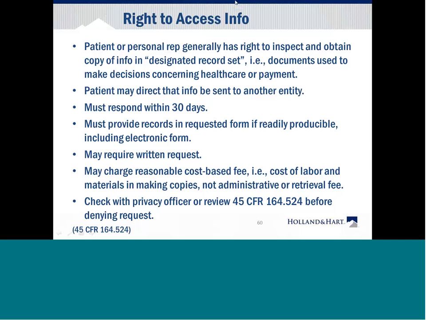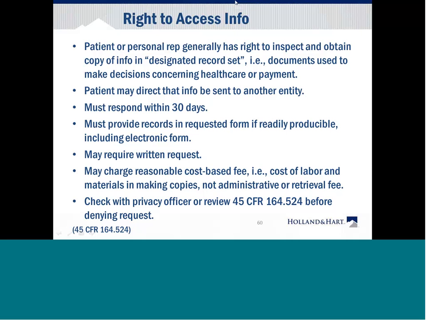If you maintain the record off-site, then there are situations where you can get an extension. You must provide the records in the requested form if it's readily producible, including electronic forms. So if they come in and say, I want you to download it on this USB, you can go ahead and do that. You may require that the request be in writing, and you may charge a reasonable cost-based fee for producing that information.